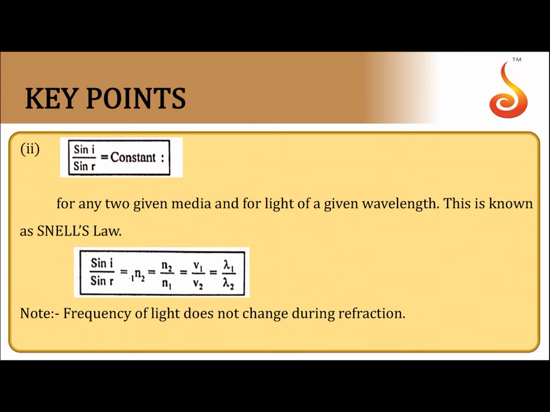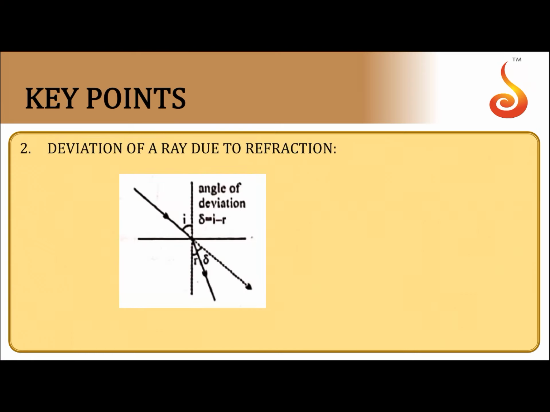According to Snell's law, the ratio of the sine of the angle of incidence to the sine of the angle of refraction is always a constant, which is called the refractive index of the medium with respect to the other.